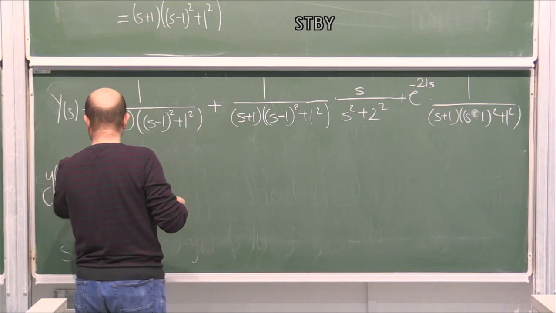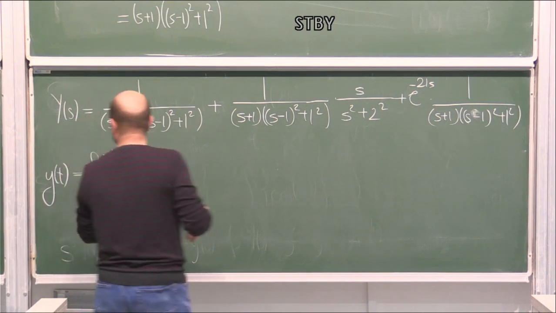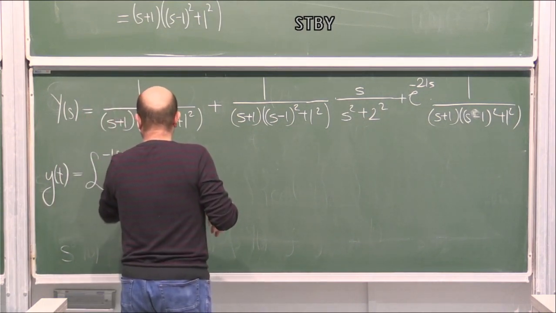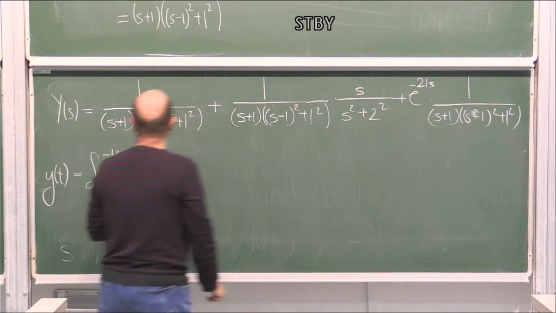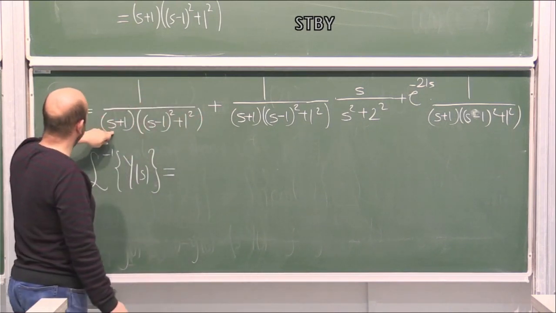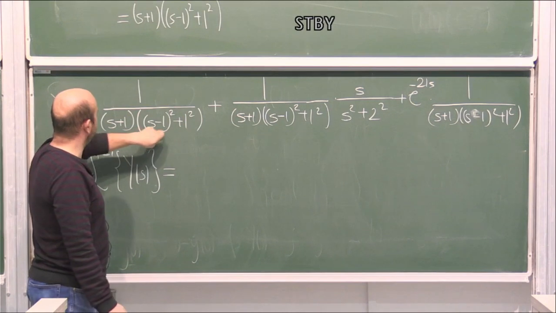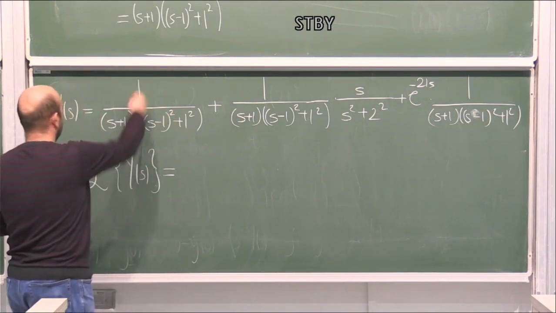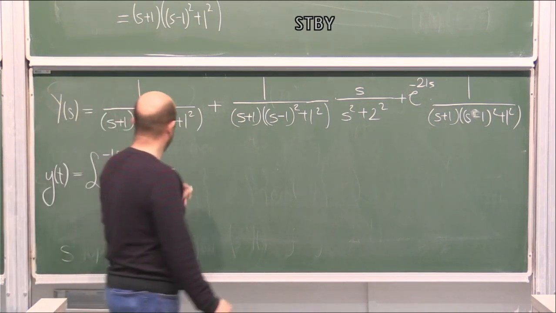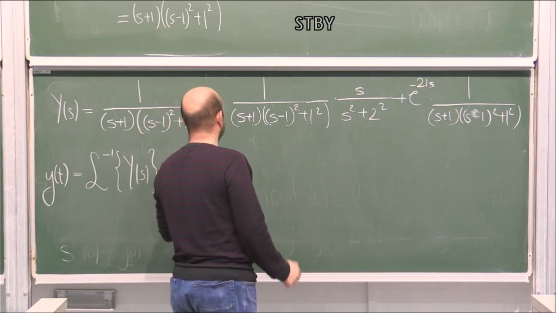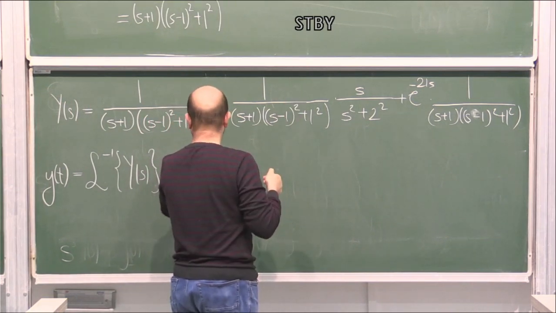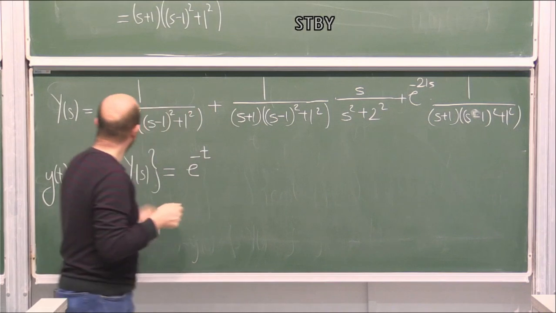Now, what is y(t)? y(t) is the inverse of this. If you use convolution, here we have 1 over (s plus 1) and 1 over ((s minus 1) squared plus 1 squared). So 1 over (s plus 1) is e to the minus t if you take the inverse.